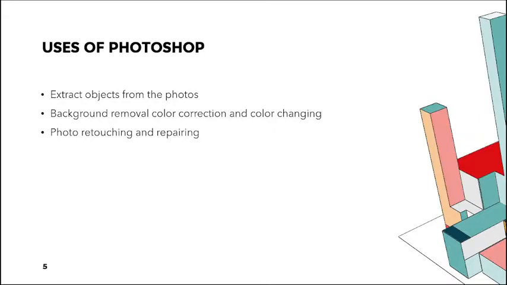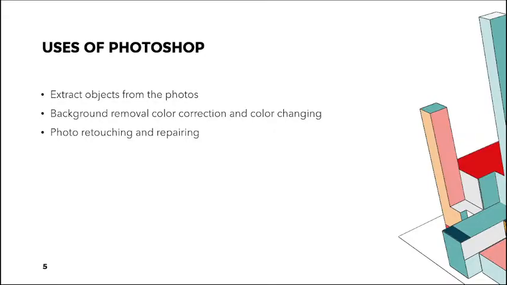Another thing is photo retouching and repairing. When you have an old photo, you may have white spots or black spots in the photo. You can remove those white and black spots. Also, if you have black and white photos, you can add colors and make a color photo.